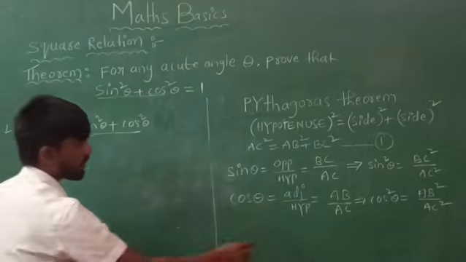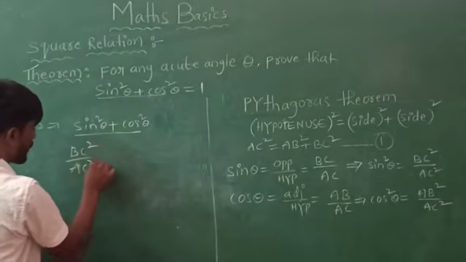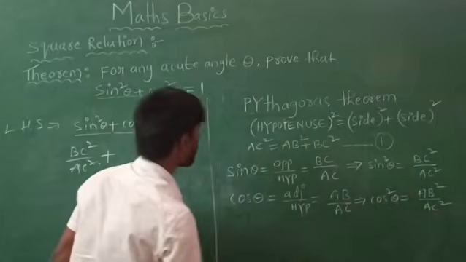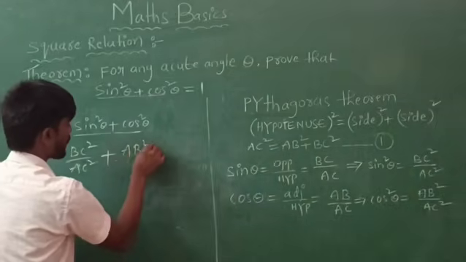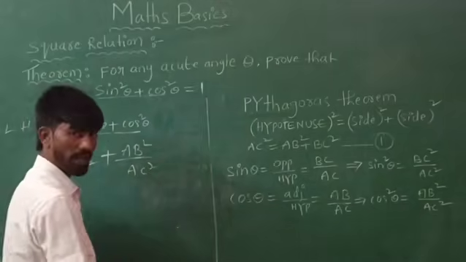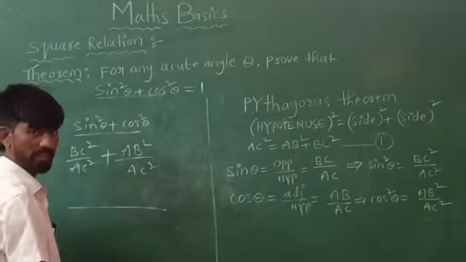Here sin²θ is BC square by AC square, plus cos²θ, which is AB square by AC square. Taking the LCM, both denominators are AC square.